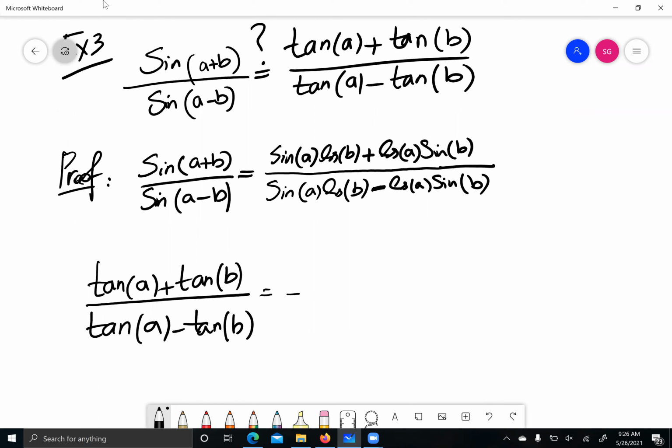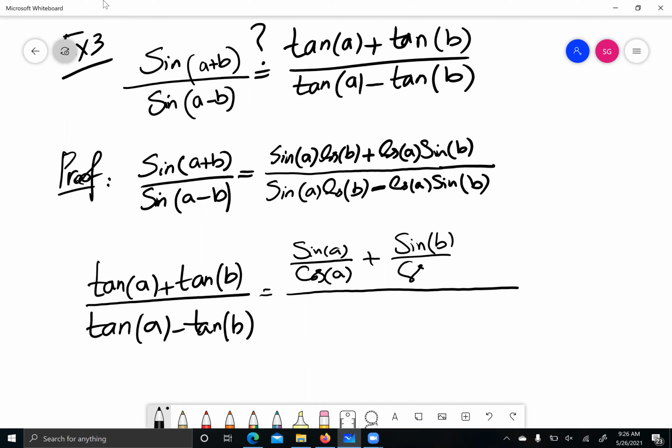So it would be better if we rewrite tangent in terms of sine and cosine. We know that tangent is sine over cosine, so I'm gonna rewrite each tangent as sine over cosine. For example, tangent of B is sine of B over cosine of B. Again, sine of A over cosine of A minus sine of B over cosine of B.